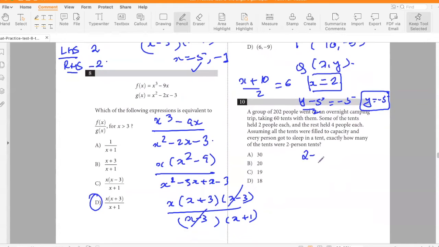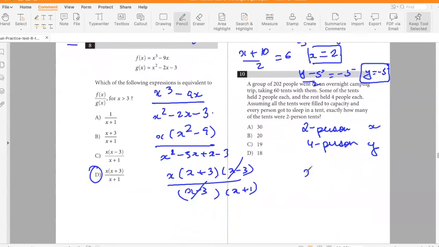So let the 2-person tents be x and 4-person tents be y. There were a total of 60 tents, so x plus y is 60. The number of people in x tents will be 2x and in y tents will be 4y, and that is 202.